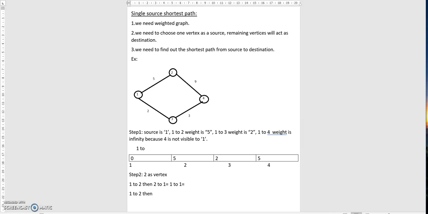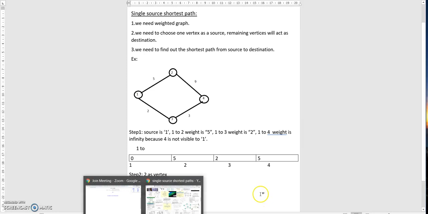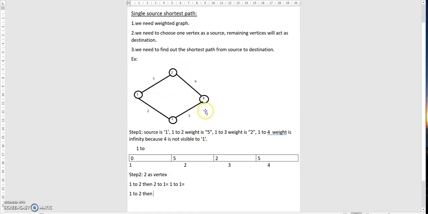Already I have completed 2 to 1, and 2 to 4 gives the total 1 to 4. So from 1 to 2 the value is 5, plus from 2 to 1 the value is 5, equal to 10. That means for 1 to 1 I got 10, but here 1 to 1 is 0, so no need to update.